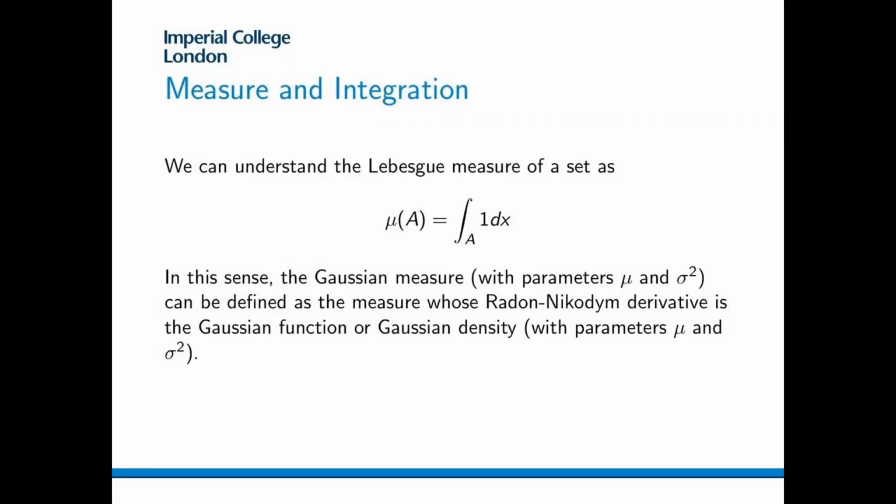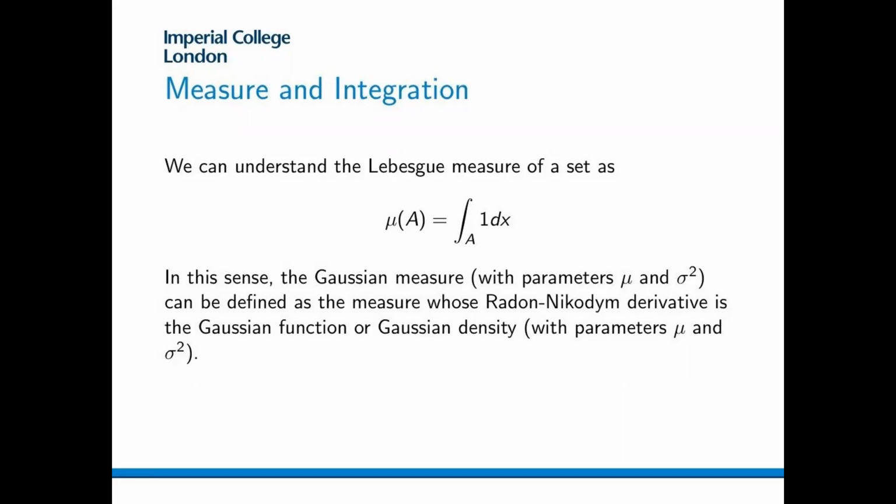We saw on the previous page that we can understand the measure as integration. At least for the Lebesgue measure, we can understand the Lebesgue measure of set A as the integration of the constant 1 over the set A, dx. This is a quite brief understanding of the Lebesgue measure. In this sense, the Gaussian measure we'll introduce formally later can be understood as a measure whose Radon-Nikodym derivative is a Gaussian function.